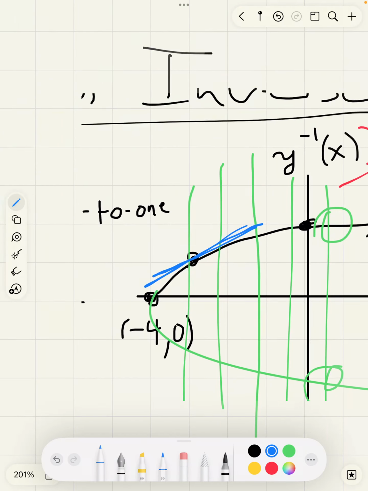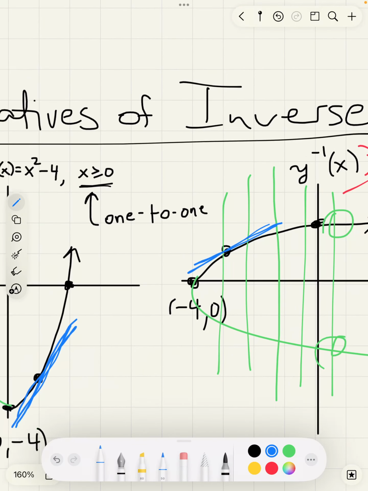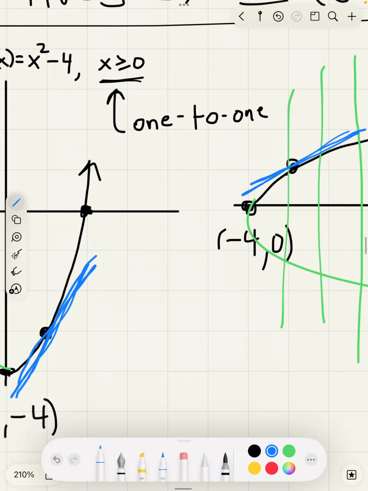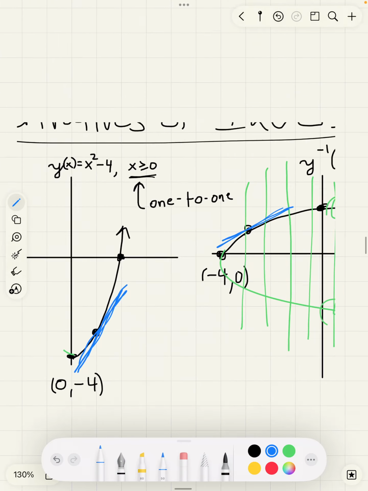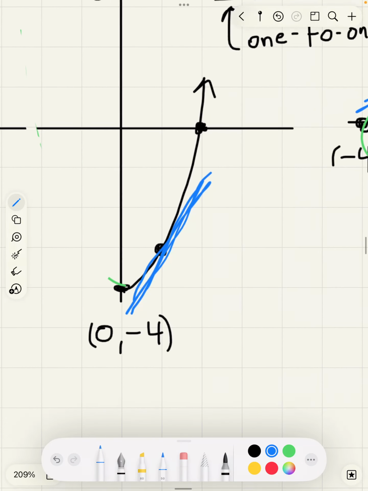Two things you'll notice: one is that one line is a lot steeper than the other. The other is that they are both going the same direction, meaning both slopes are positive.